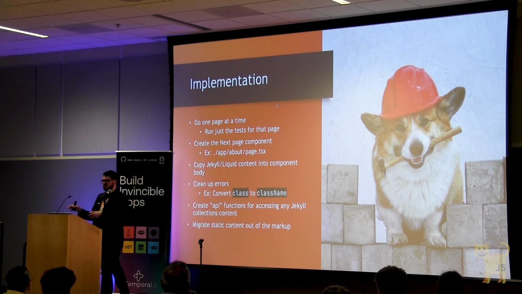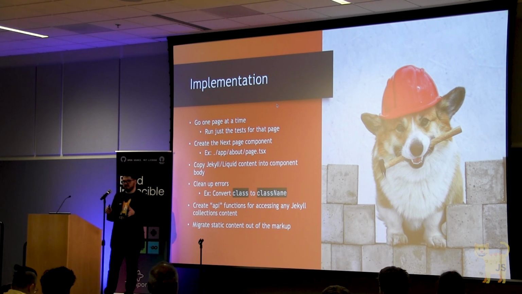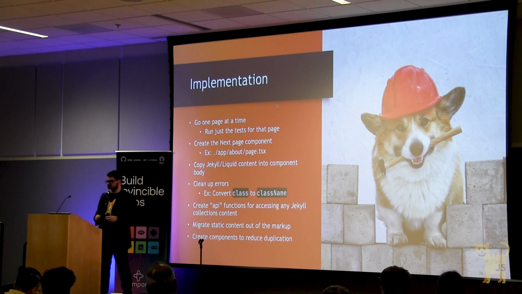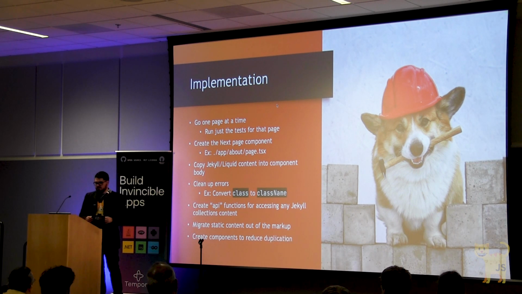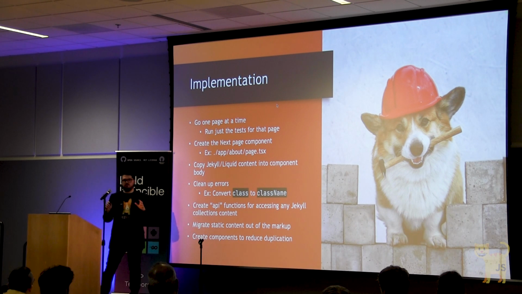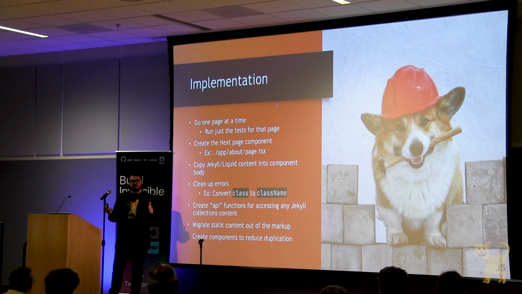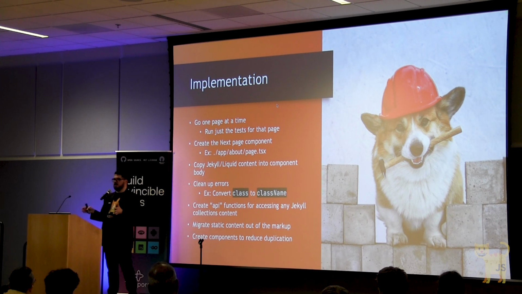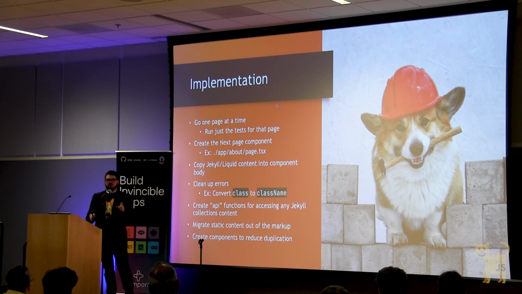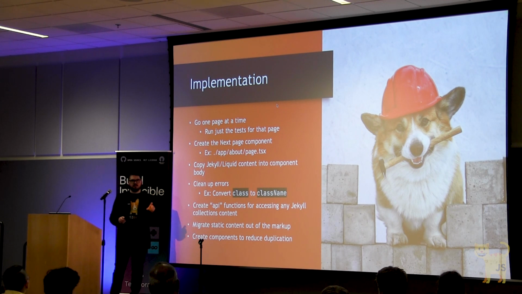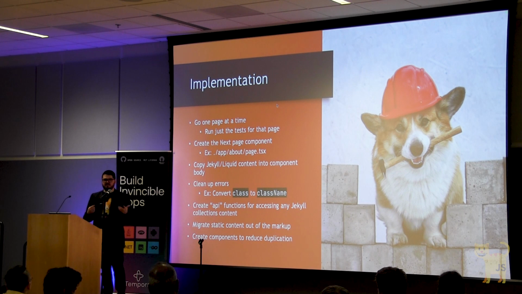So putting that into a JavaScript object and then injecting it is the decision we made. Once we had that, we would run the test and make sure that it renders correctly, then create components to reduce duplication. Any duplication that we saw in that page, or anytime we wanted to loop over something, would be an obvious candidate for us to extract out a React component to wrap that concept.